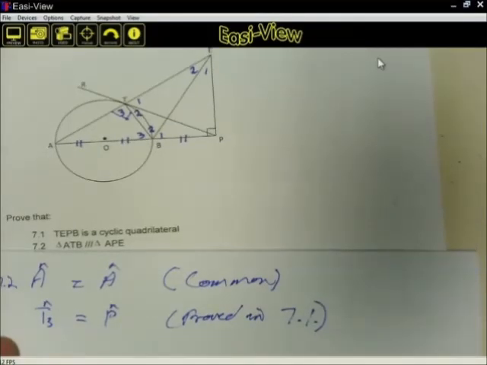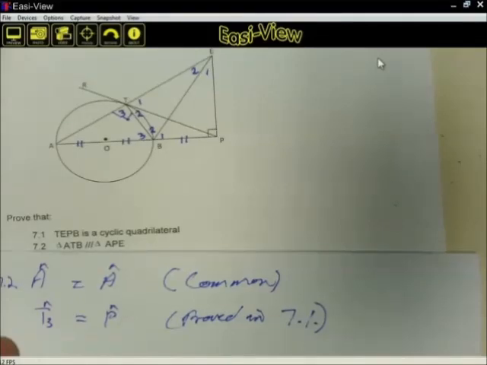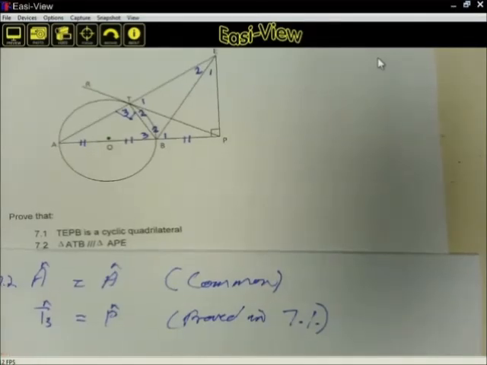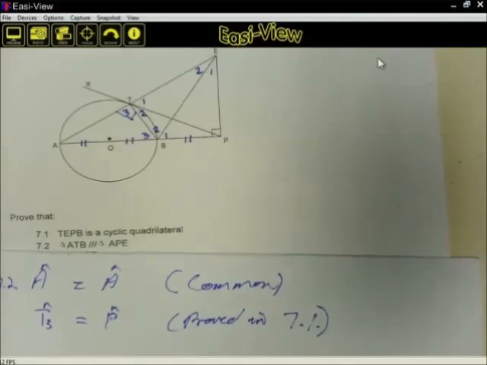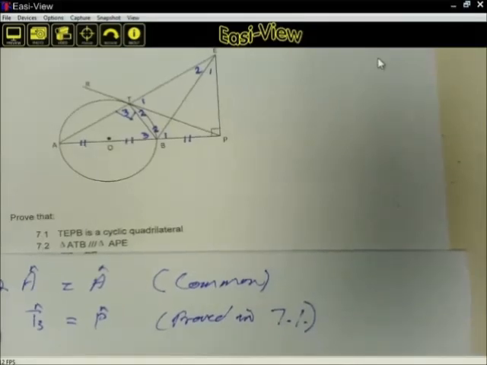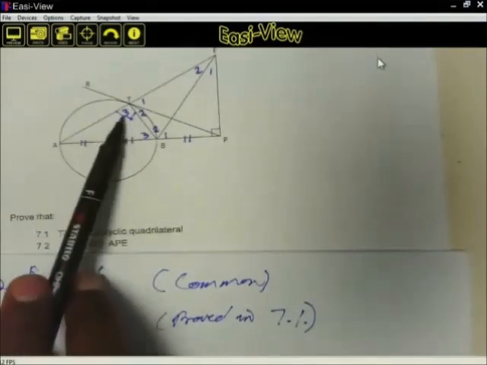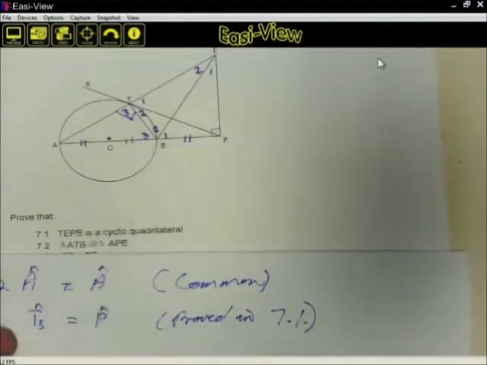That's why we concluded that TEPB is a cyclic quad. Or you can say T3 is equals to P, exterior angle of a cyclic quad is equals to the interior opposite angle, because we have proven that TEPB is a cyclic quad. So in triangle ATB, we have talked of angle A, angle T3, we are left with angle B3.